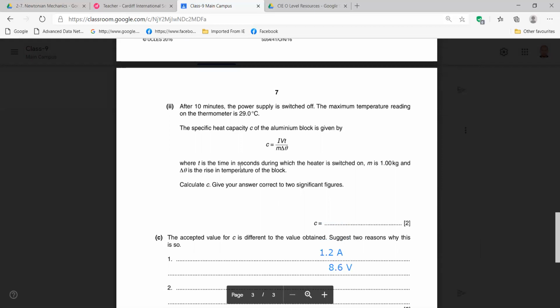1.28, and 8.6 into 600 divided by 1.2 into 5.5. Let me just calculate. Sure.